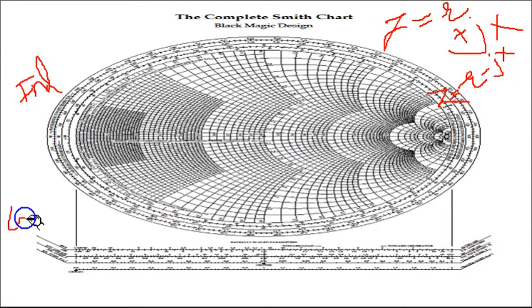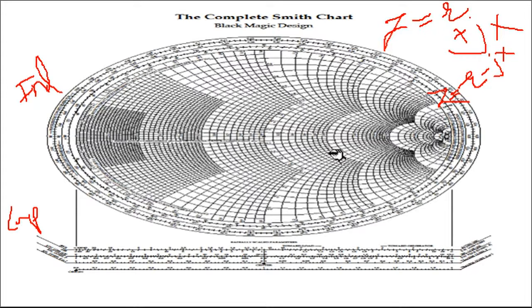Perfectly okay. Now whenever I am getting r plus jx, you just try to find a circle, this complete circle. See, if I am talking about any circle, half of the circle passes through the upper half and half of the circle passes through the lower half. Now whenever I am talking about r plus jx, I need to see the circle and arc on the upper half of this Smith chart.